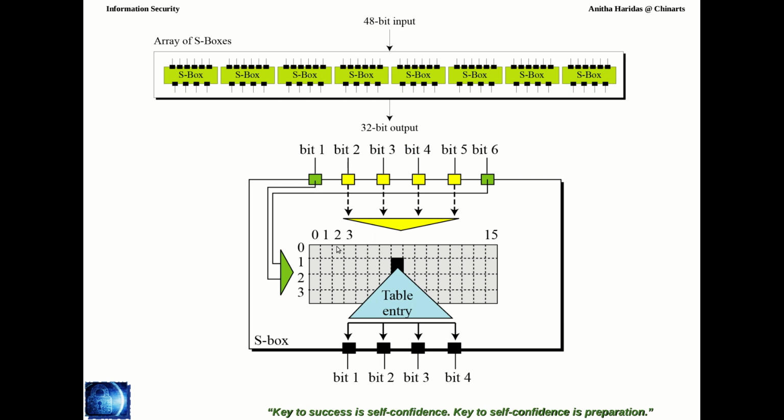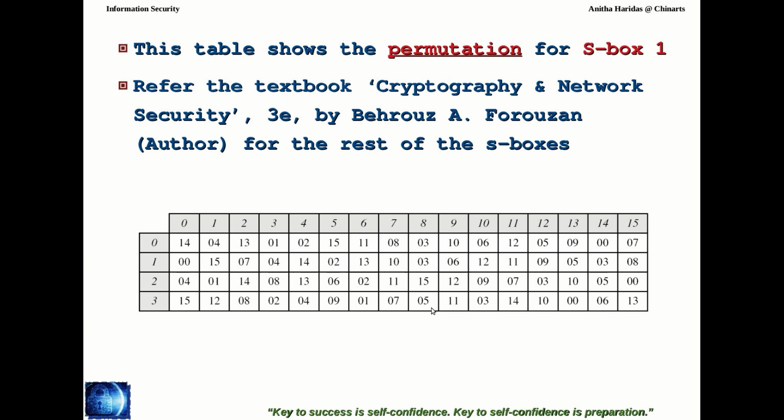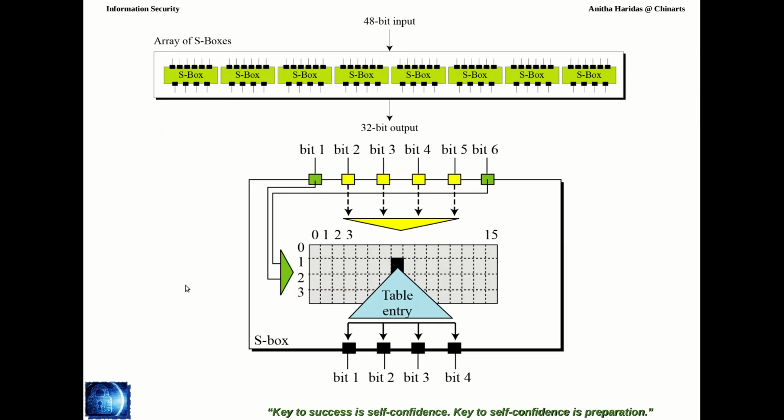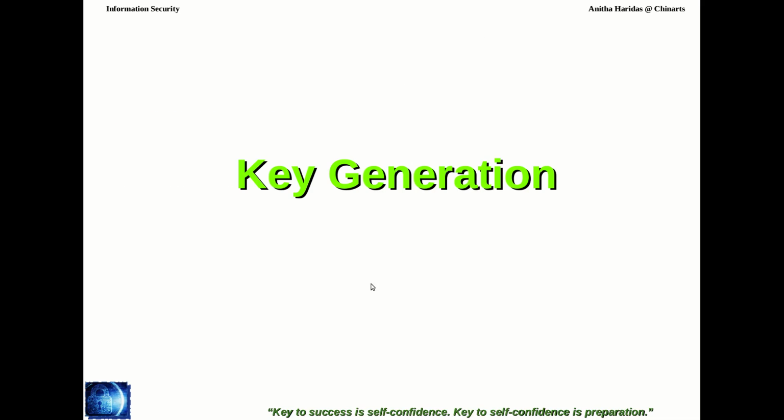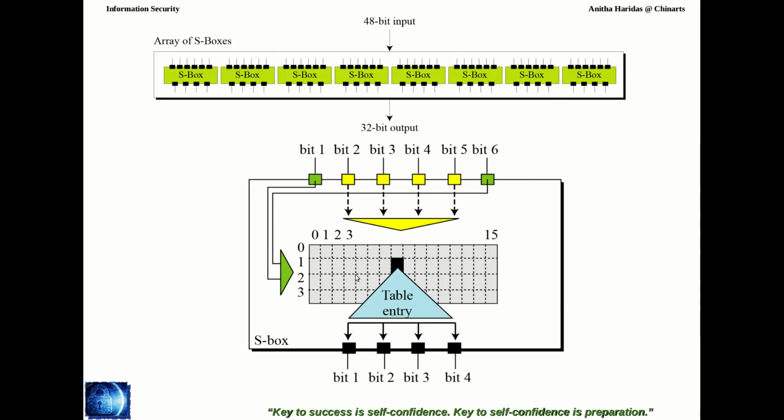Each has a different table entry. The table will have 4 rows and 16 columns, so 0 to 15 columns and 0 to 3 rows are there. That is what is shown here.